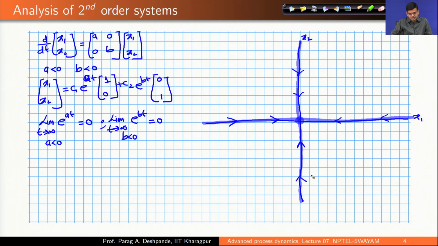I will again ask the same question: what would happen to the regions which are away from the axes?